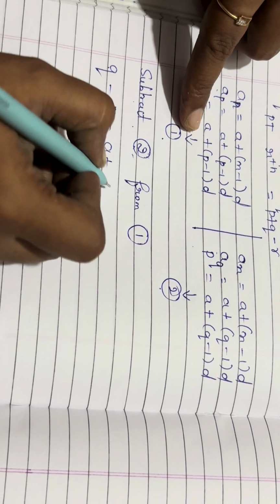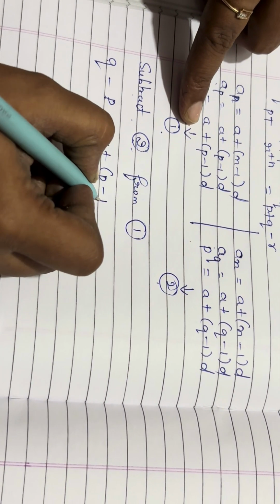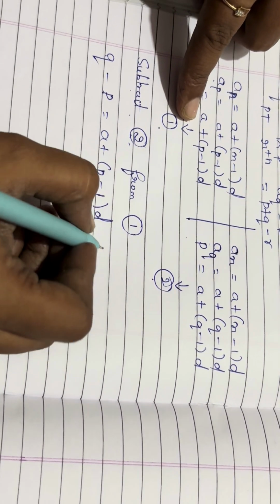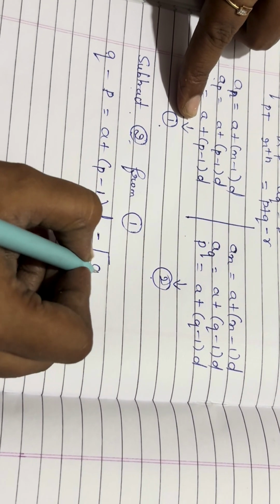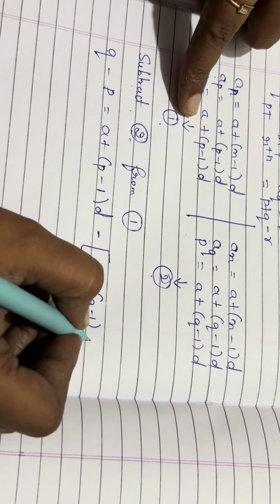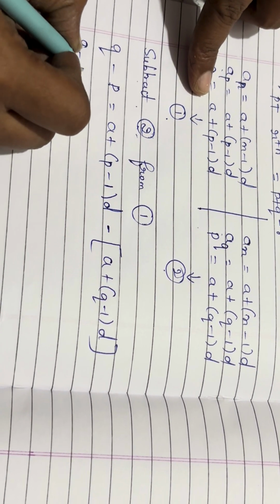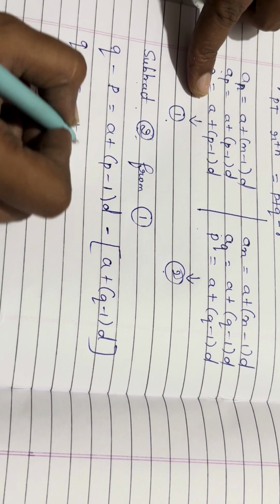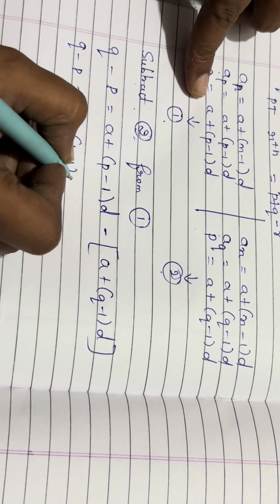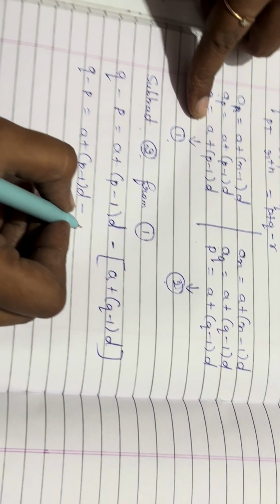So A plus P minus 1 into D, minus of A plus Q minus 1 into D. So write Q minus P as it is. A plus P minus 1 into D, multiply.